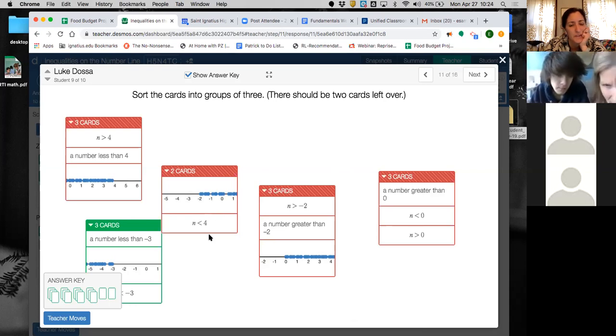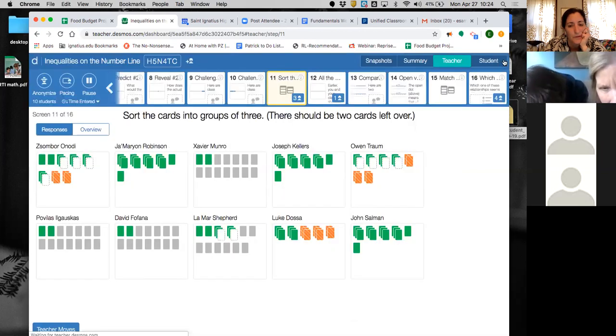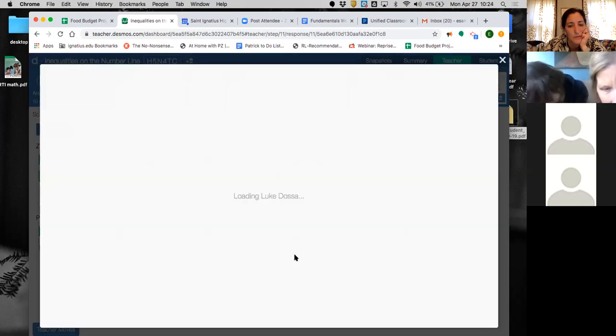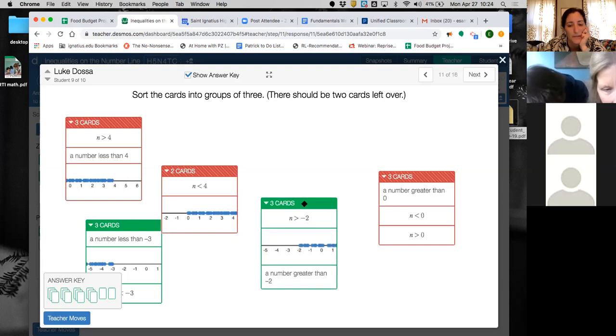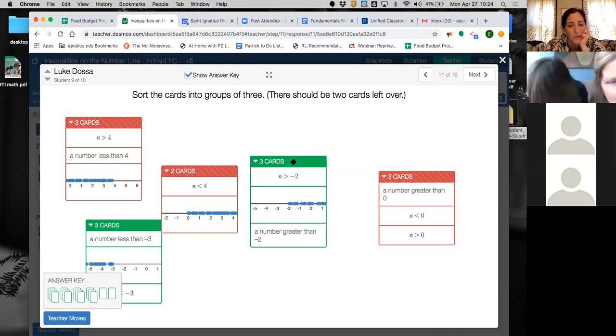It looks like maybe it's already moved. I might have to reload, but before you had it matched with less than 4. Yeah. Oh yeah, that looks good now. Okay. All right.